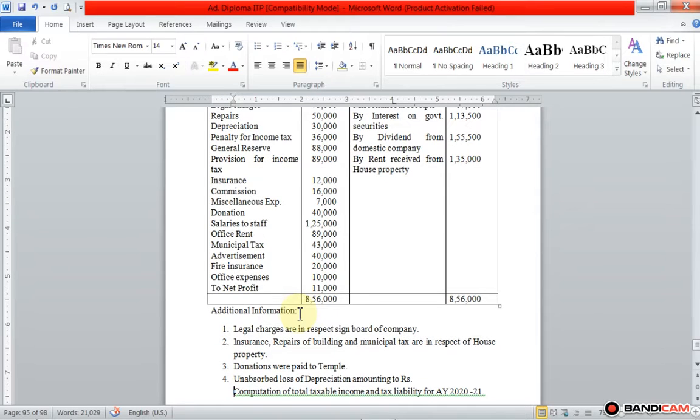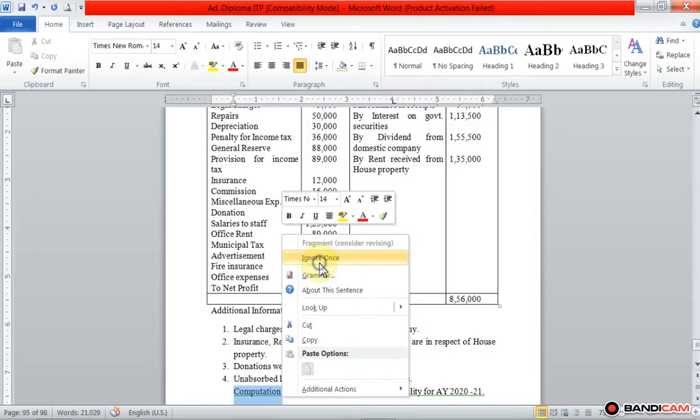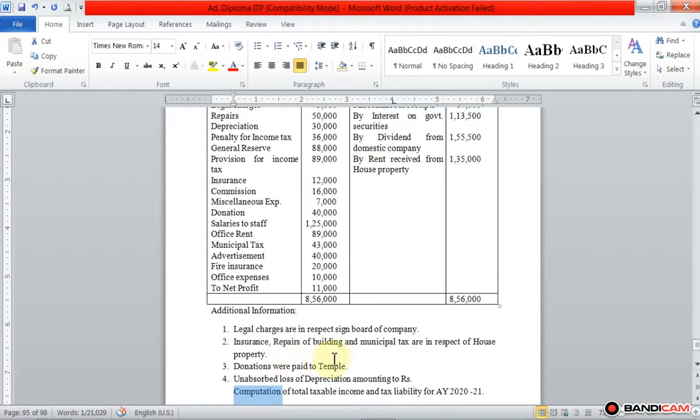Then donation was paid to a temple. So here the donation is paid to a temple, so deduction in respect of donation at 15% is allowed under section 80G.